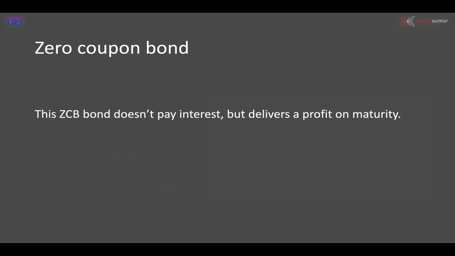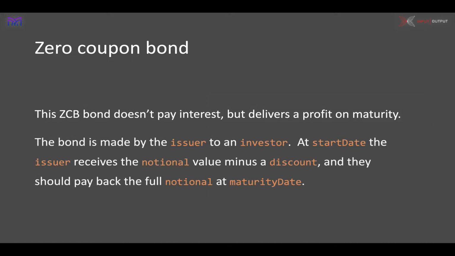The example we've decided to look at is what's called a zero coupon bond. So it's a bond, it doesn't pay any interest, but when it matures, it delivers a profit. So just to get the terminology right, the bond is made or issued by an issuer and it's bought by an investor.